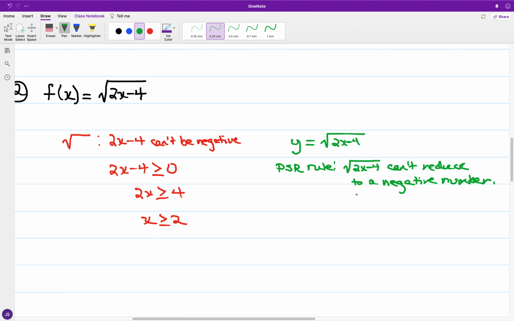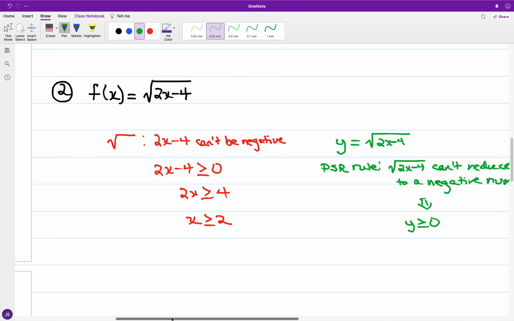So that means for y, y equals the square root of 2x minus 4, and that radical can reduce to 0 or higher. So you're going to have that y is greater than or equal to 0.